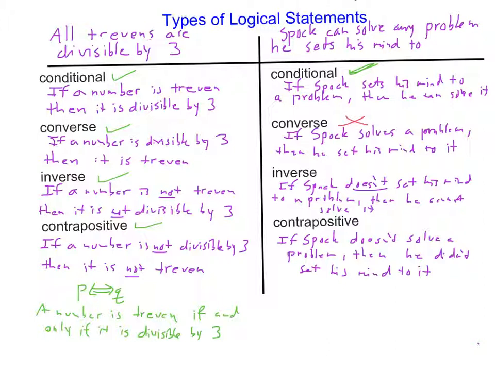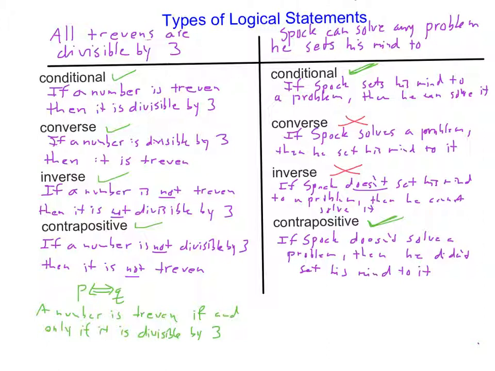Or the inverse, if Spock doesn't set his mind to a problem, then he cannot solve it, for the same reason doesn't need to be true. And lastly, the contrapositive, if Spock doesn't solve a problem, then he didn't set his mind to it. Poor Spock, he should have tried harder. Okay, so that one is true.